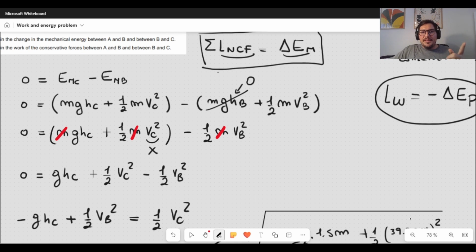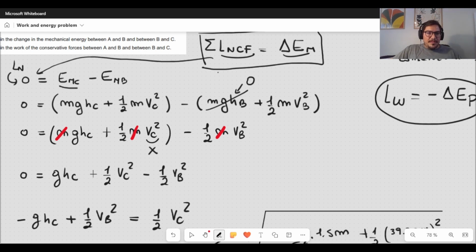The normal is non-conservative. The weight is conservative. So in the sum of the works, we have a 0, because the only non-conservative force is the normal, and the work of the normal is 0 because it is perpendicular to the direction of motion. So the cosine of 90 is 0, and the sum of the works of the non-conservative forces is 0.